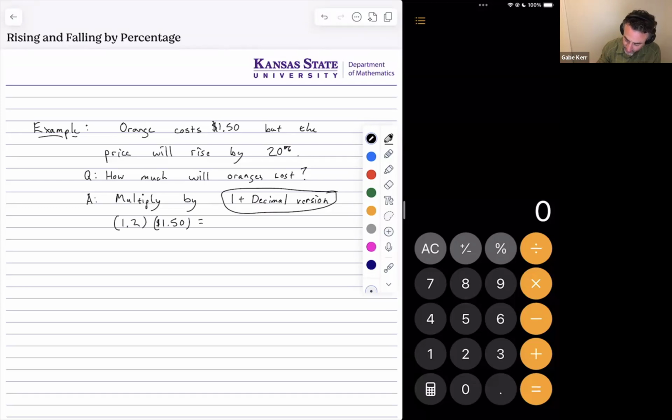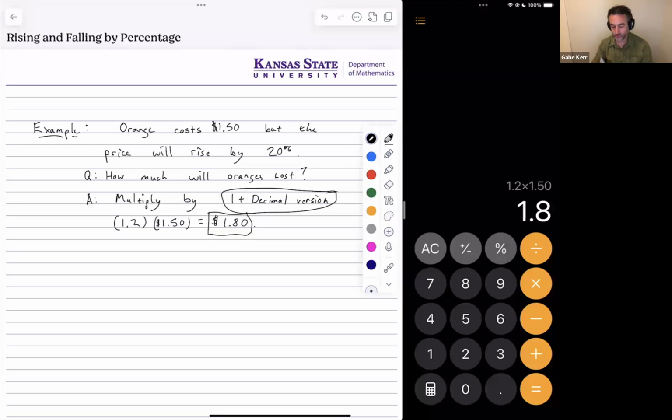So again, we'll just go ahead and use the calculator, even if we're comfortable. We get 1.8. So this is $1.80. Okay, so that's the amount it will cost after a 20% increase in price.